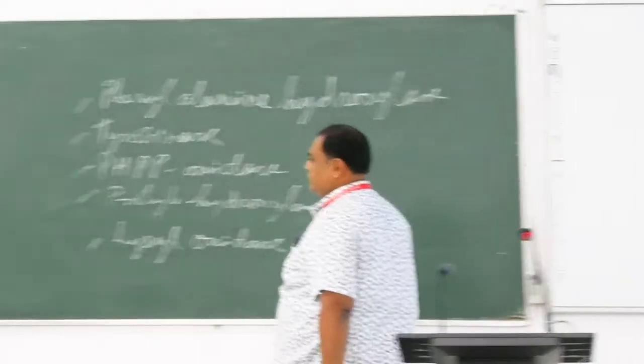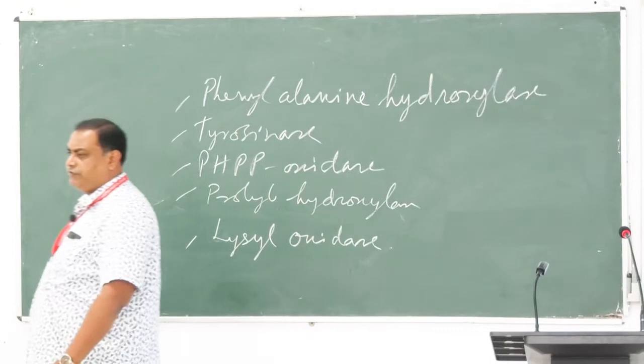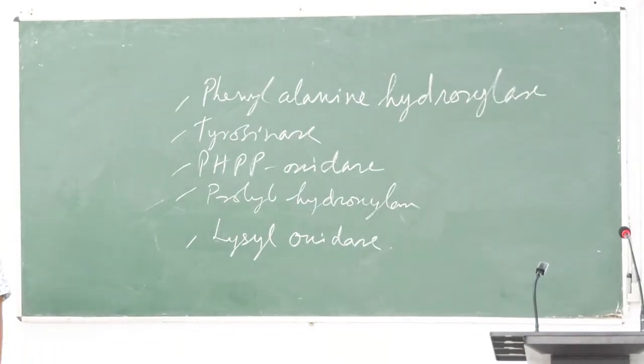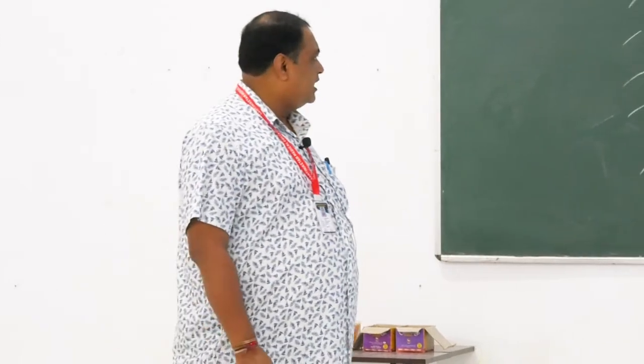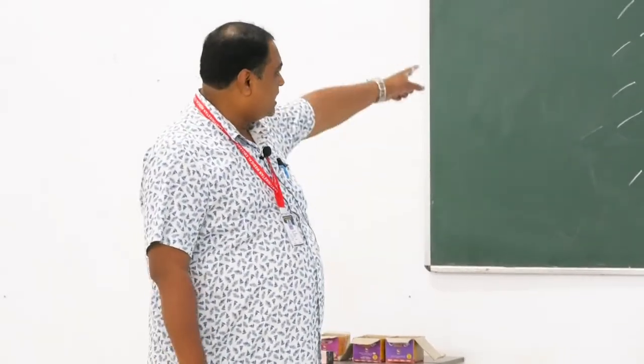The first enzyme is required for conversion of phenylalanine to tyrosine. In absence of this enzyme, tyrosine becomes essential. So, instead of having 8, now they will have 9 essential amino acids. But usually in a normal person, phenylalanine is converted to tyrosine by the action of phenylalanine hydroxylase.